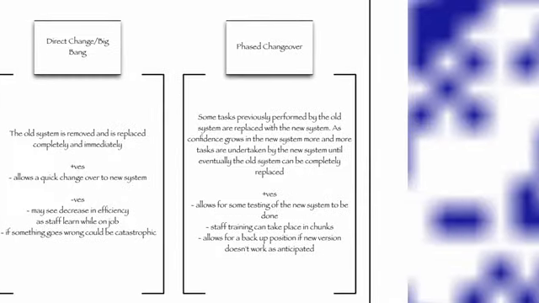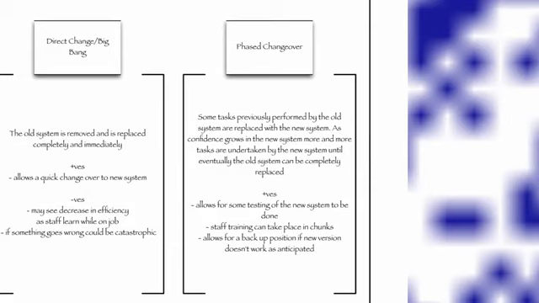Last one, again quite common sense when you look at the title, phase changeover. Some tasks previously performed by the old system are replaced with a new system. As confidence grows in the new system, more and more tasks are undertaken by the new system until eventually the old system can be completely replaced. So we only do little parts at a time: first phase, second phase, third phase, and so on, however many times we think we need to do it.